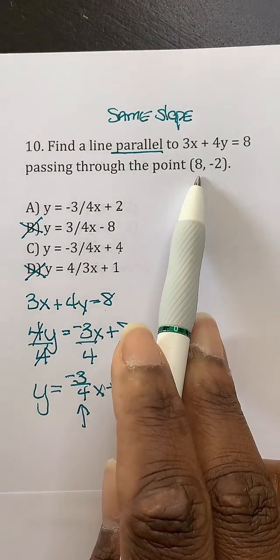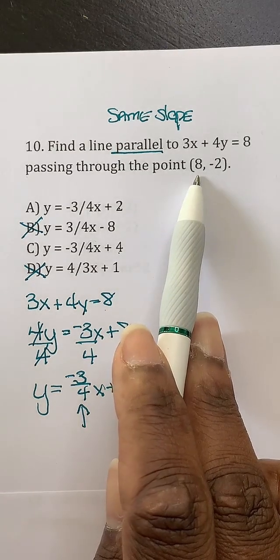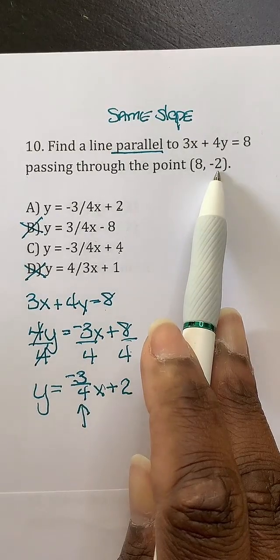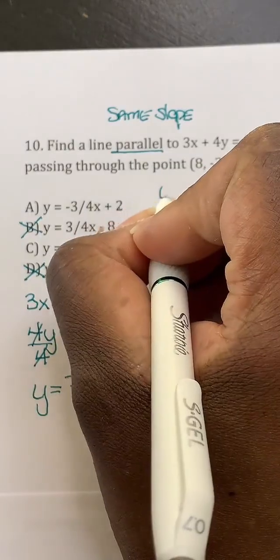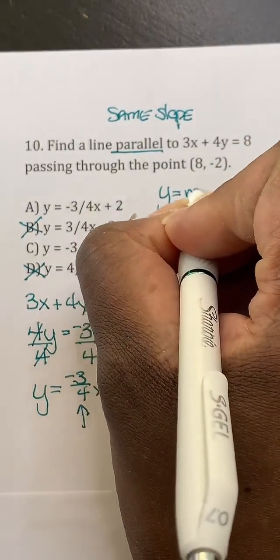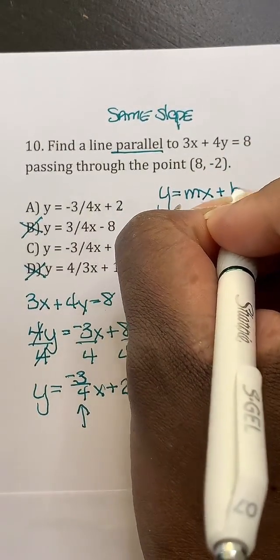The other line has the same slope and passes through the given point. We could do it by point-slope form, but a lot of people know y = mx + b, we got that engraved in our heads.